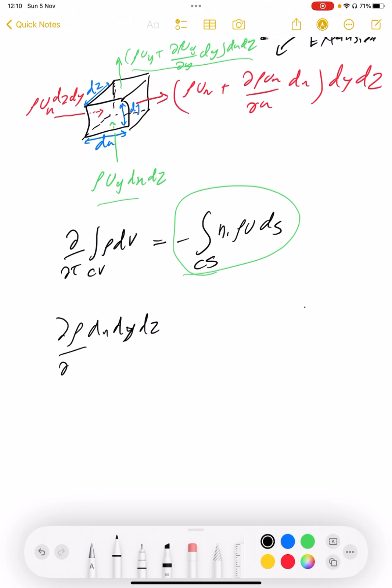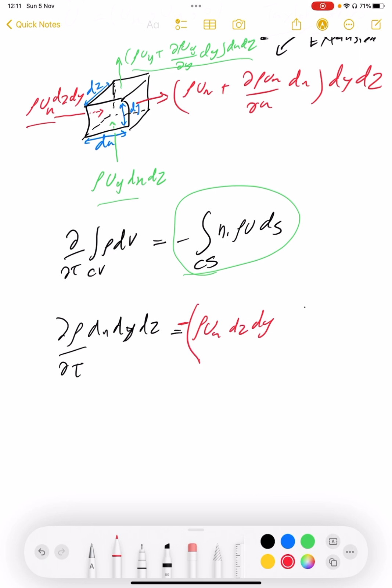And this is variation in time, which is equal to the amount of the mass that is coming from different surfaces. So in x direction, on the left, I had this term. So that would be rho ux dz dy coming in. There is a minus sign here. Let's not forget about that one.